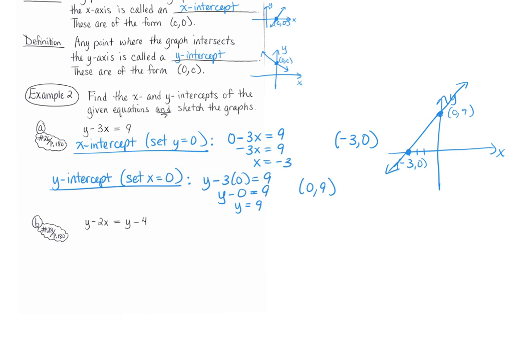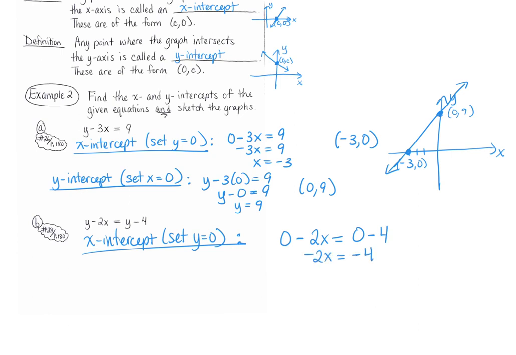So to find the x-intercept, you set y equal to 0. Whenever you do that, we have 0 minus 2x equals 0 minus 4, which means negative 2x equals negative 4.